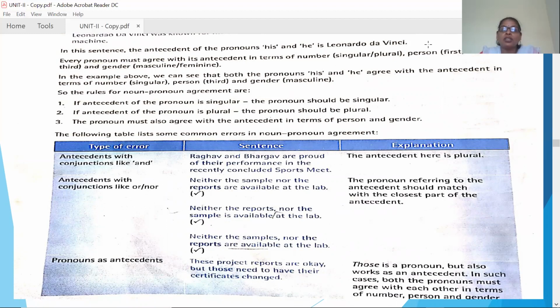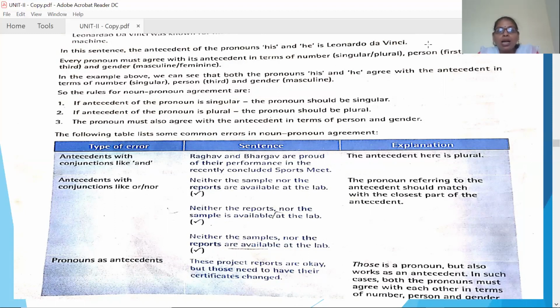Antecedent with conjunctions. I hope all of you know and, or, all these conjunctions. Let us see the sentence: Raghav and Bhargav are proud of their performance in the recently concluded sports meet. Raghav and Bhargav are antecedents. What is the pronoun in the sentence?